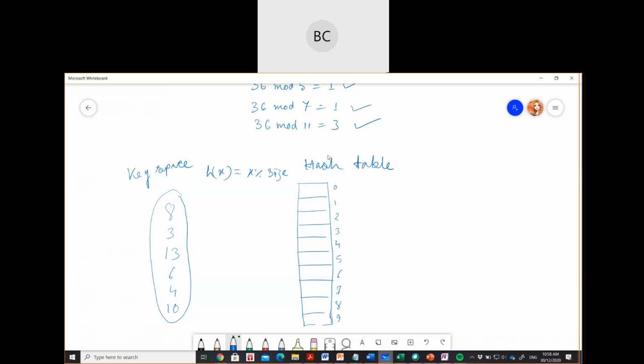It's also a kind of hashing thing. So hash table is a modification of direct access table.